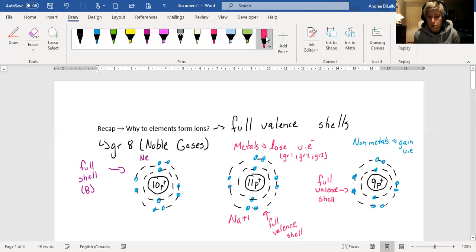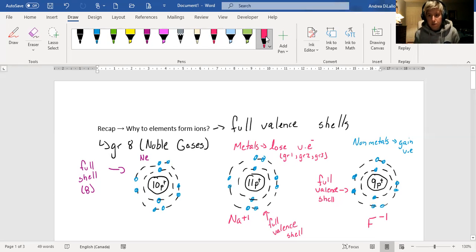And its overall charge here would be F minus 1 because I've added an electron, and we need to remember electrons have a negative charge. So if I add more electrons, I'm becoming more negative. When I remove electrons, I'm becoming more positive because my protons never change. If I'm removing electrons, I have more protons than electrons.